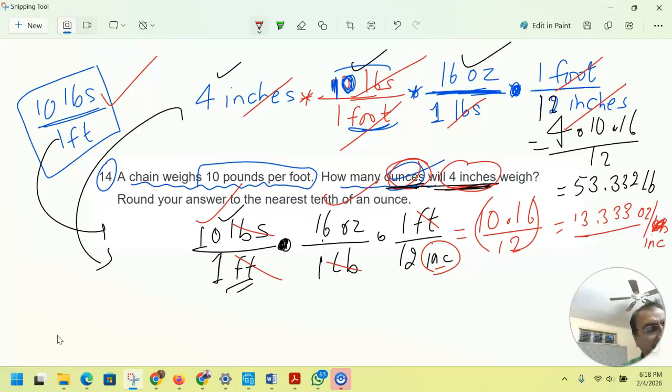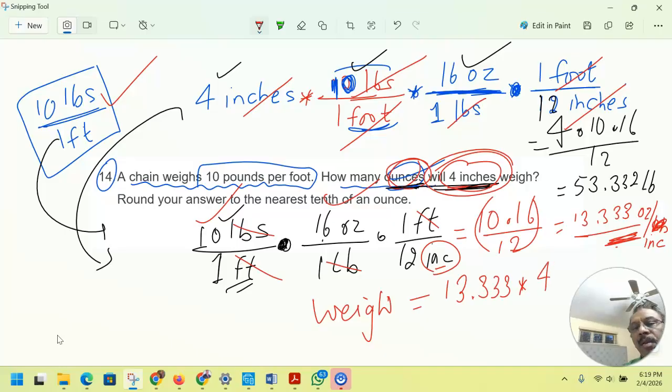So all you do is the new weight will be 13.333 times 4 inches. So they give you 4 inches like that. Sorry, I should have written it on the other side.